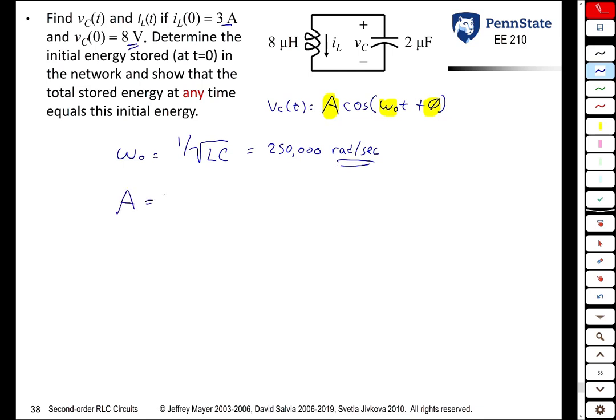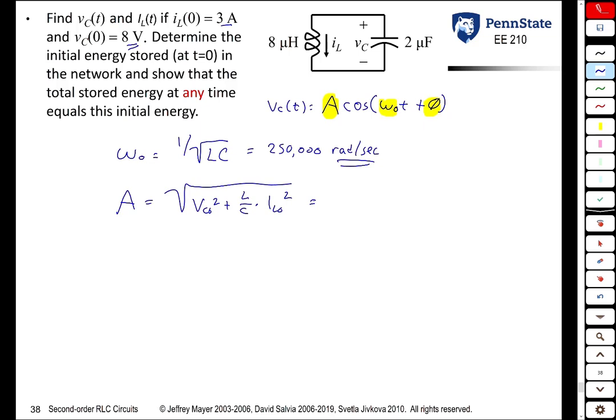A is the square root of VC naught squared plus L over C times IL naught squared. So notice the amplitude is not only a function of the capacitor and inductor values, but also a function of the initial voltage across the capacitor and the initial current through the inductor.